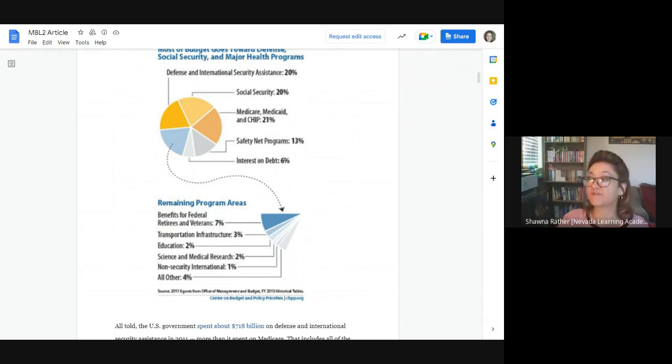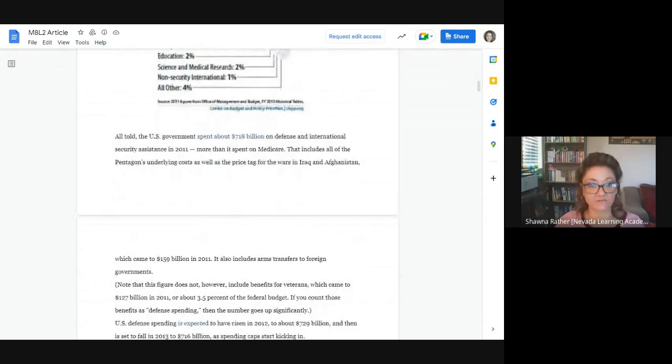If you look here, defense and international security assistance is 20%. Social Security is 20%. Medicare and Medicaid and CHIP is 21%. Safety net programs, 13%. Interest paid on debt, mostly that we owe to China, 6%. And then the remaining program areas are split amongst these areas, right?